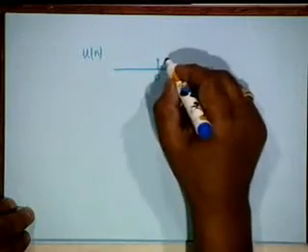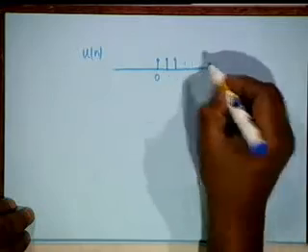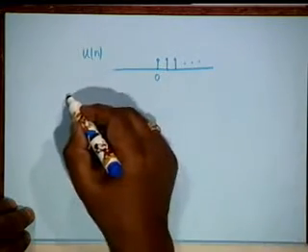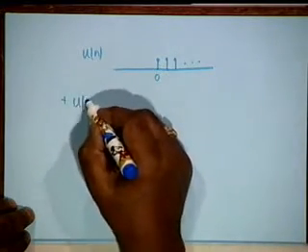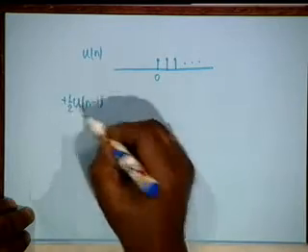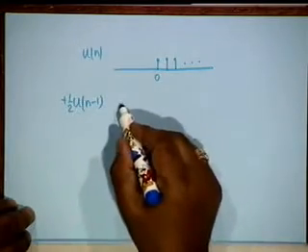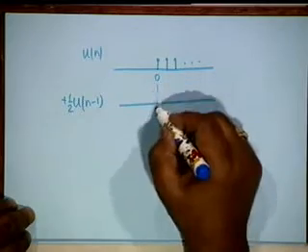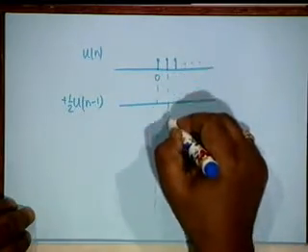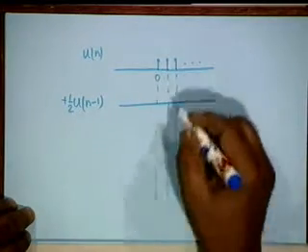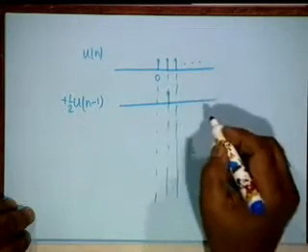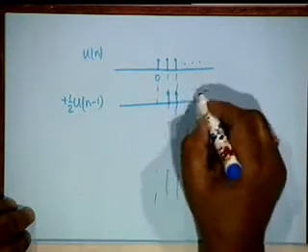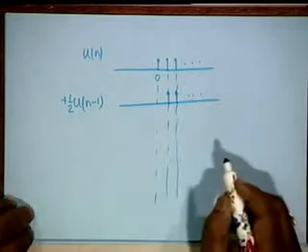u of n starts at n equal to 0 and its amplitude is 1 for all values of n. You have to add it to half u of n minus 1, which means that this starts at n equal to 1 and the amplitude is half all through.